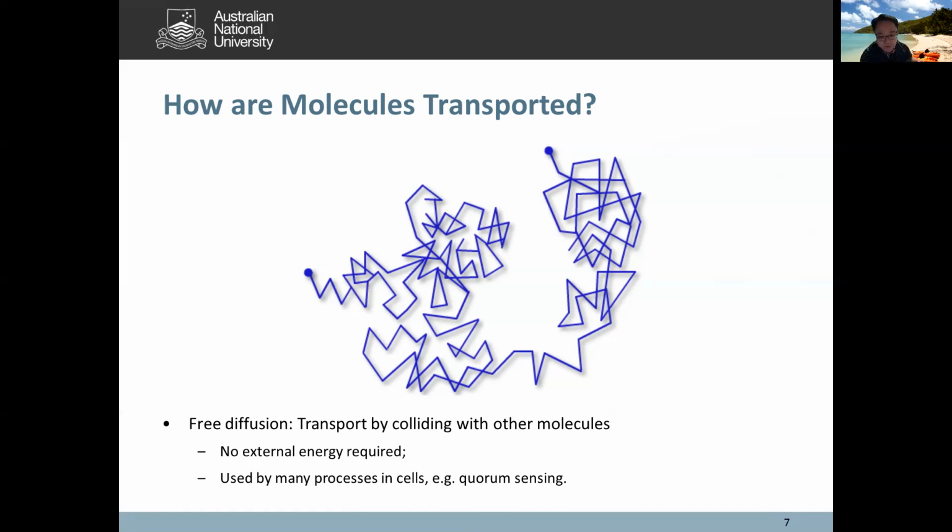And apart from free diffusion, recent works have also considered some other propagation mechanisms. For example, they may consider that the molecules are propagated through active transport, or that their propagation in the environment is affected by the physical properties of the environment.